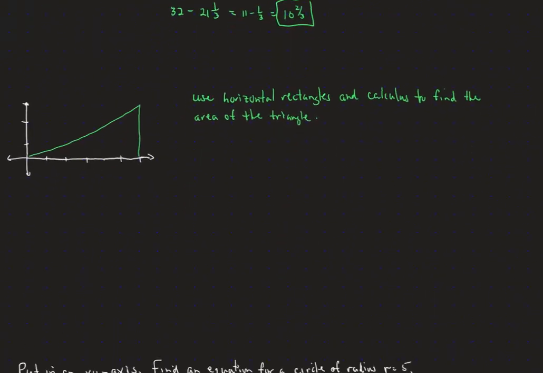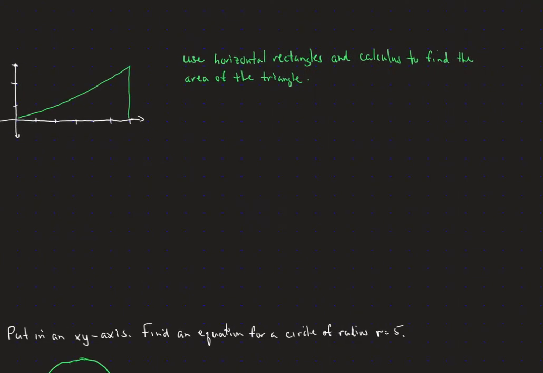Okay, now here we are back to a triangle again, but let's see if we can do this one using horizontal rectangles so we can get that practice. So we're going to imagine there, and our delta area is again going to be just base times height.